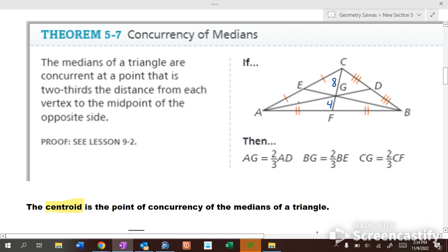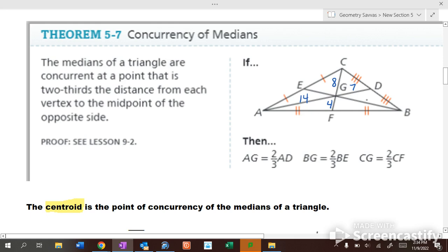So if AG was 14 long, how long would GD be? 7. Because what's 14 plus 7? 21. Is 14 2/3 of 21?